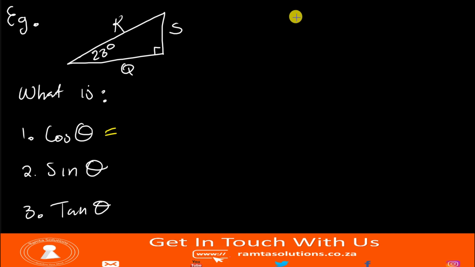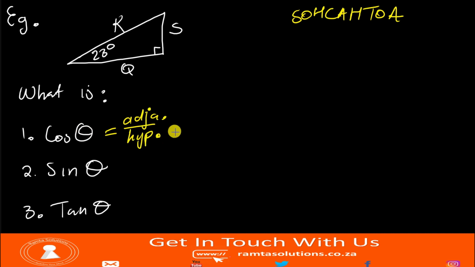So, as response, what is cos theta? Remember, SOHCAHTOA. Cosine is adjacent over hypotenuse. Now, which side is adjacent to 23 degrees? I'm sorry, I should have said cos 23. Let me fix that.